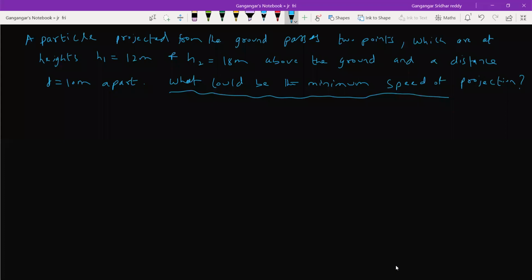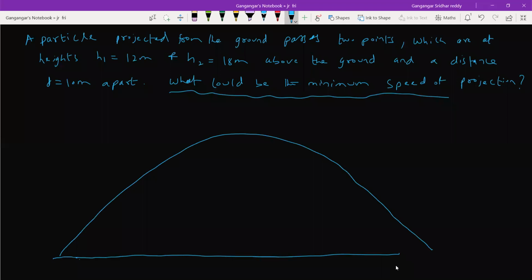Okay, I'll start with the diagram. It will be like this, no?